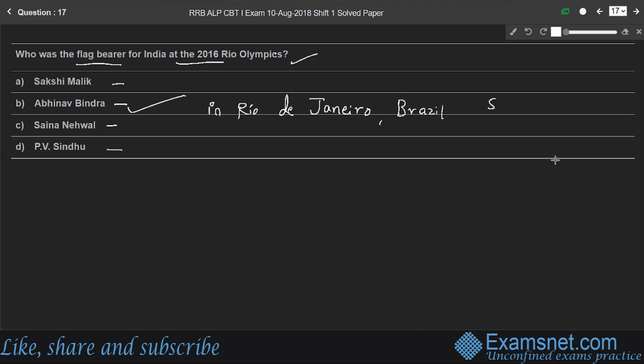So from 5th August 2016 to 21st August 2016. Right? So here India participated with the highest number of sports persons. So India participated with 120 sports persons.